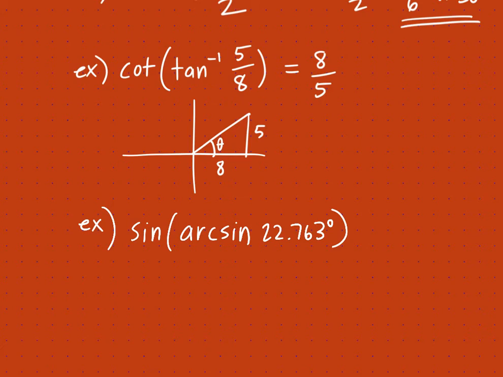Fantastic. Think about this, you guys. 22.763. This is like me asking you, what is 22.763 times 5 divided by 5? We don't have to get our calculator and type times 5 divided by 5 to realize those two operations cancel each other out because they're inverse operations, just like sine and arcsine.